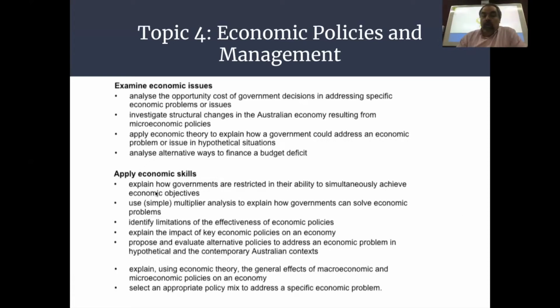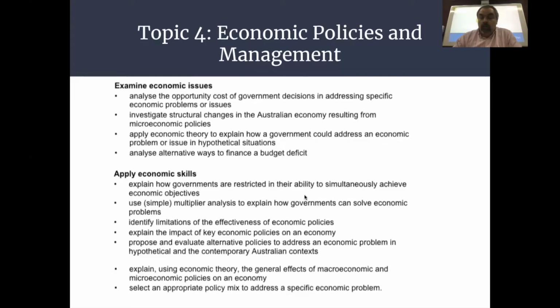So the first one here, being able to explain how governments are restricted in their ability to simultaneously achieve the objectives. So this is around the concept that there are a range of objectives and the government cannot solve those simultaneously. There will be a conflict, and working out or prioritising which ones to resolve first.